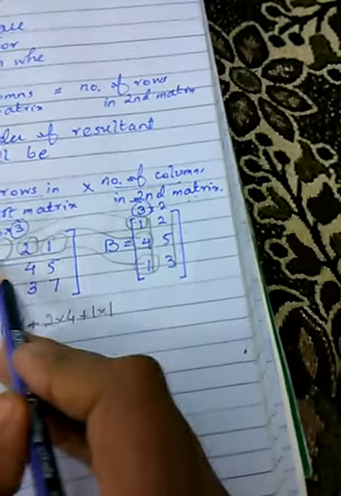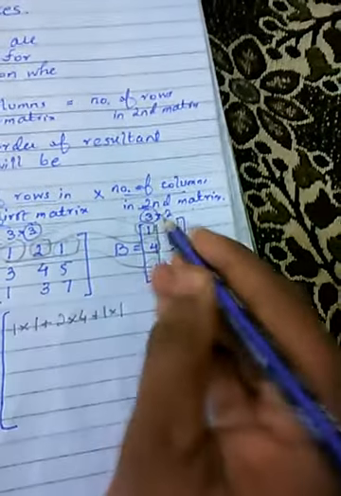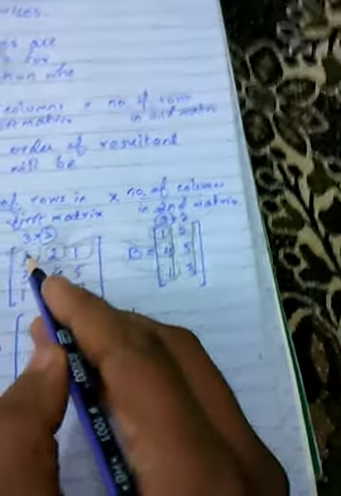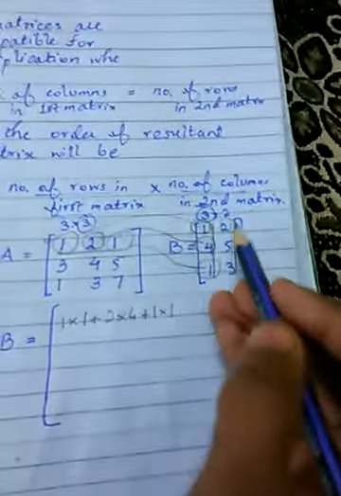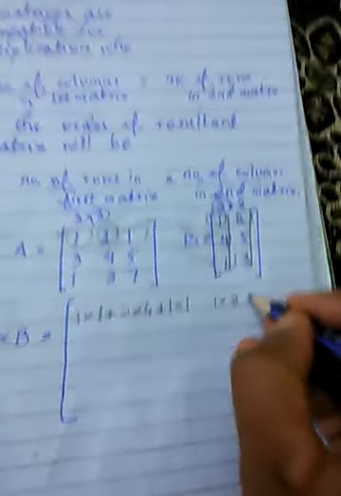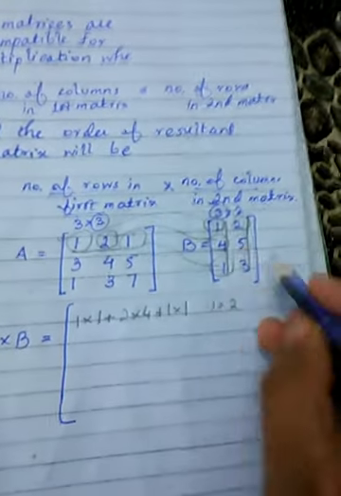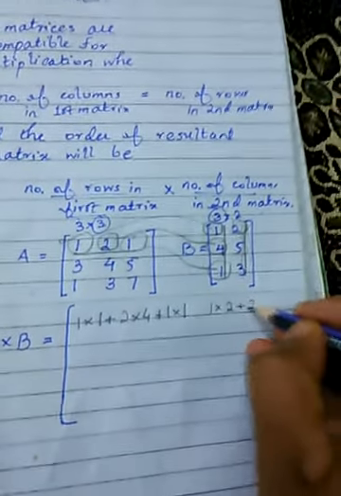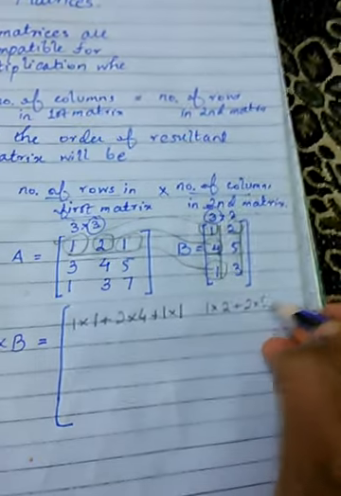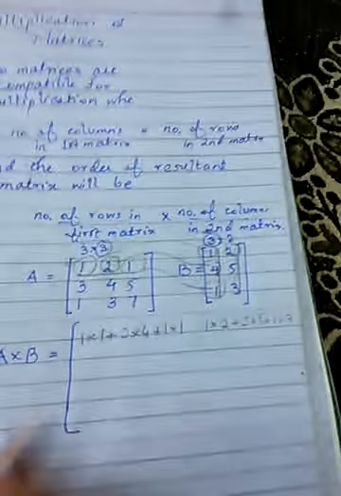Again, first row, second column: the first element will get multiplied by the first element, 1 by 2, plus the second will get multiplied with the second element, 2 cross 5, plus 1 cross 3.